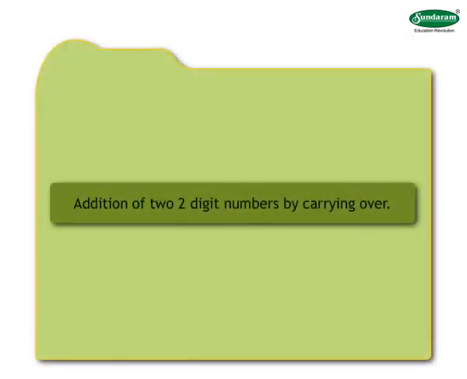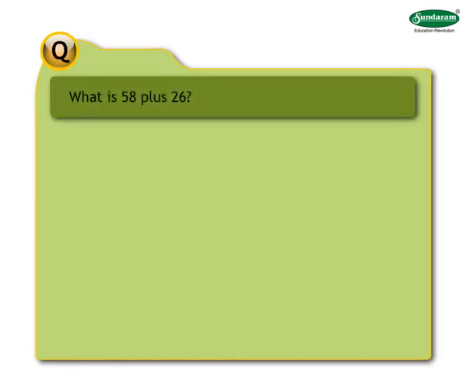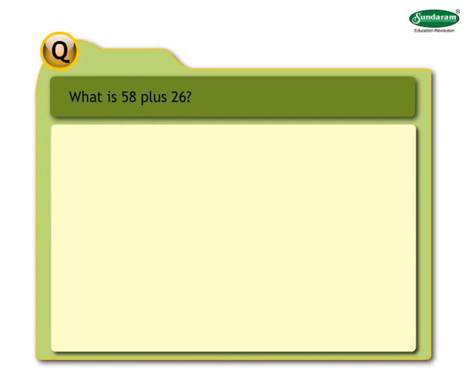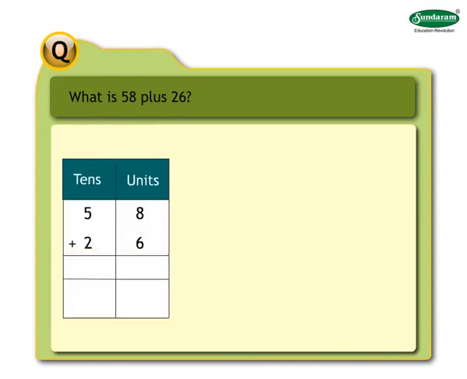Next, we will learn addition of two two-digit numbers by carrying over. Question. What is 58 plus 26? Solution. Place the two-digit numbers vertically. In units place, 8 plus 6 is equal to 14 units. Write 4 under units column.